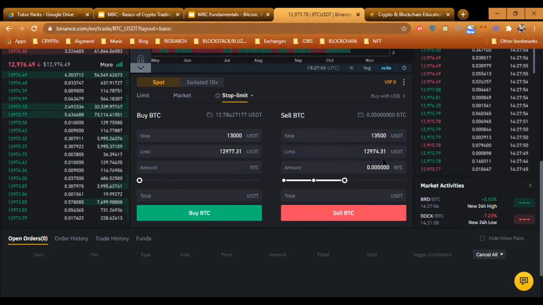If I feel like Bitcoin will go up to 13,500, maybe because I've done my technical analysis, I can set my order such that when it goes there, it sells off.